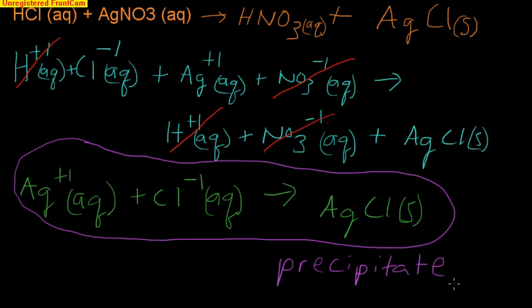And it just means that it comes out of the solution. These two guys, the silver and the chlorine, are actually dissolved in water, which is denoted by the AQ, but when they get mixed together, they form a solid which will come out of solution, and the solid AgCl we call the precipitate.